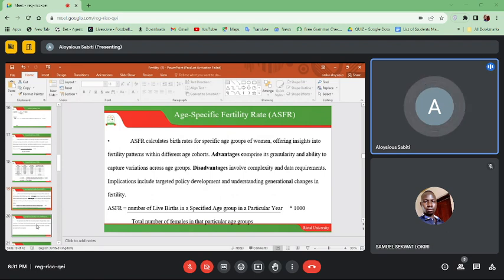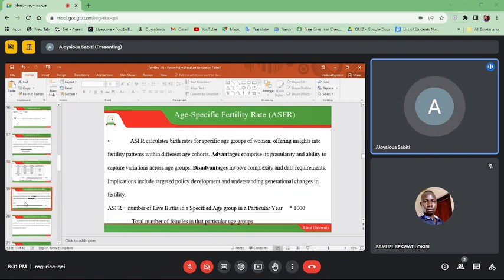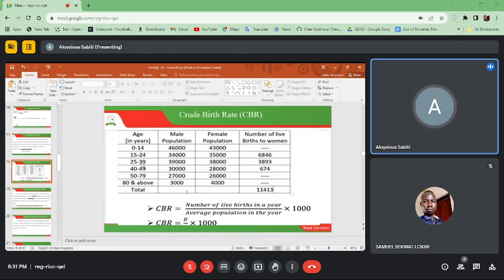For the example above, you would be looking at the age group 15 to 24. That is what we refer to as an age group, a cohort.